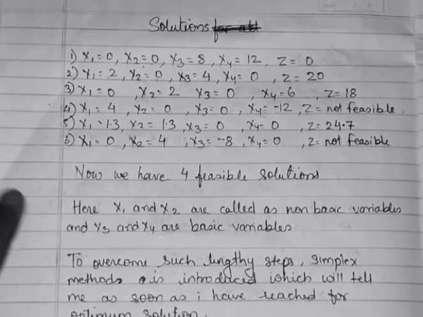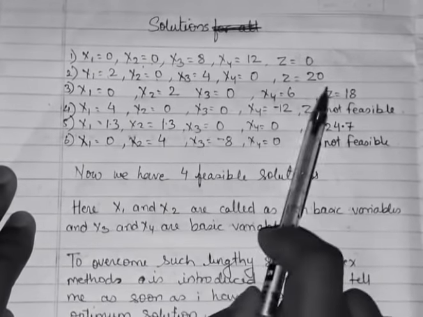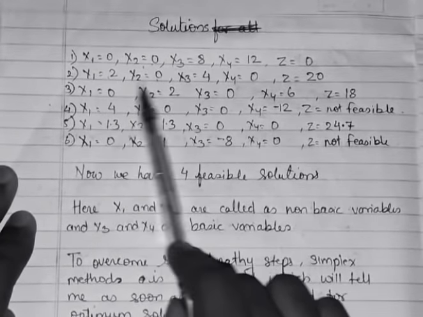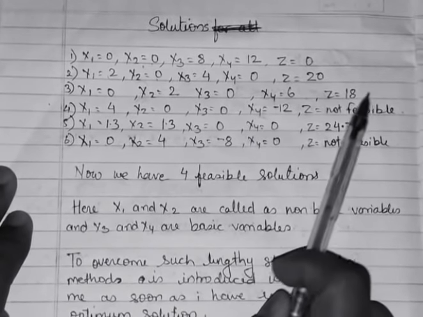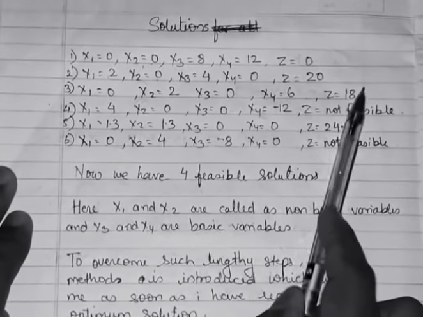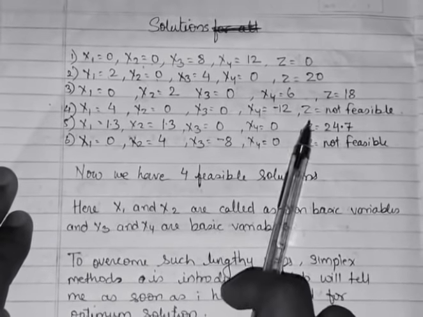Then second, by putting x2 and x4 as 0, I got x1 as 2, x3 as 4, right? By putting that value in the objective function, I got the value of the objective function as 20, right? Third, by putting x1 and x3 as 0, x2 as 2 and x4 as 6, I got the value of the objective function as 18.